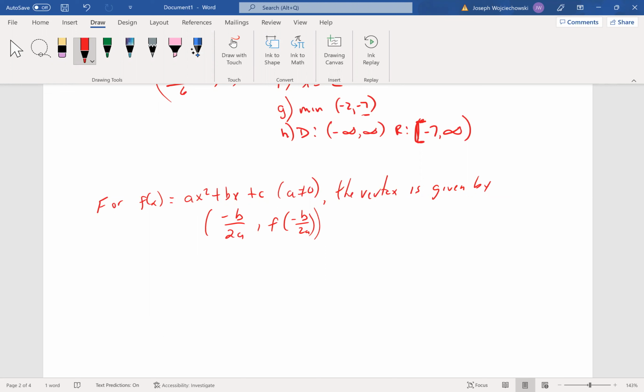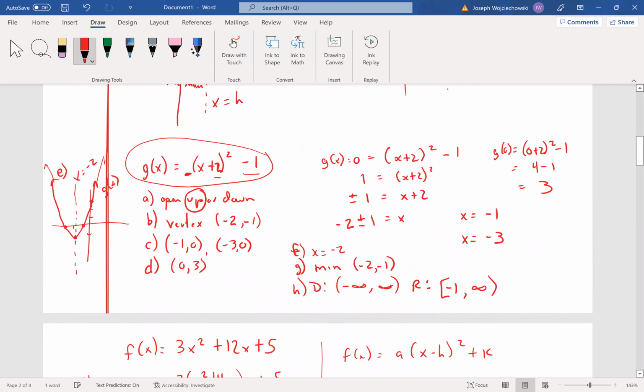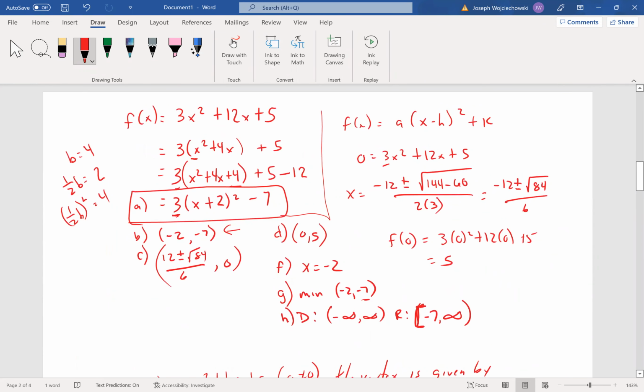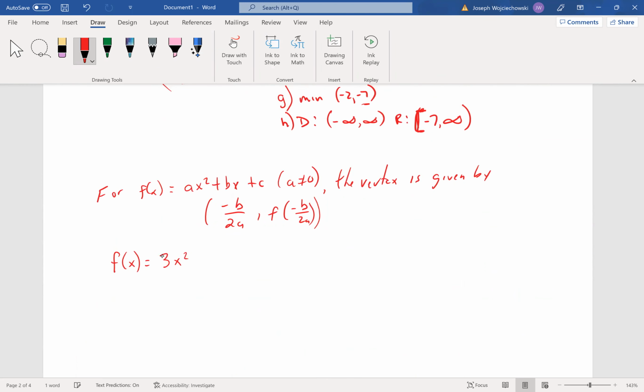So let's look at f of x equals, let's go back up here. Let's go to this one. 3x squared plus 12x plus 5. So let's look at this.